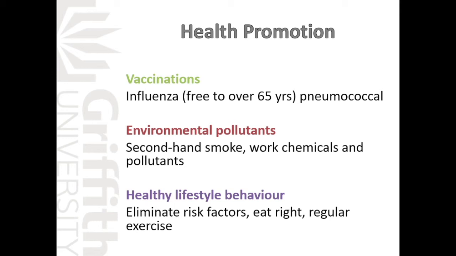So older people are by far the worst affected by influenza, with free vaccination programs for over 65-year-old patients being implemented since 2000. There are other programs for other vulnerable groups such as chronically ill, Aboriginal and Torres Strait Islanders.